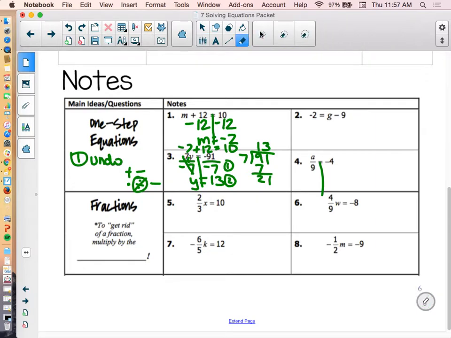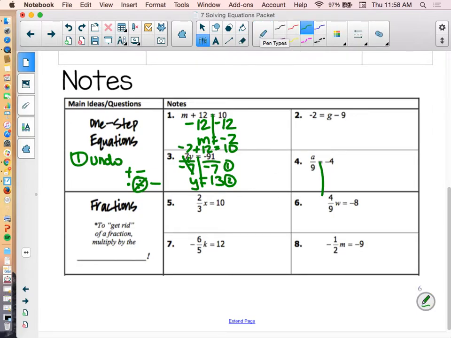And now I'm going to erase a little bit so I have room to do the check. Undo, solution, check. Plug it in. So now I have negative 7, although you can't see it, negative 7 times 13. And I have to see, is that equal to negative 91? You can go ahead and check that on your calculator, or you can do the multiplication.